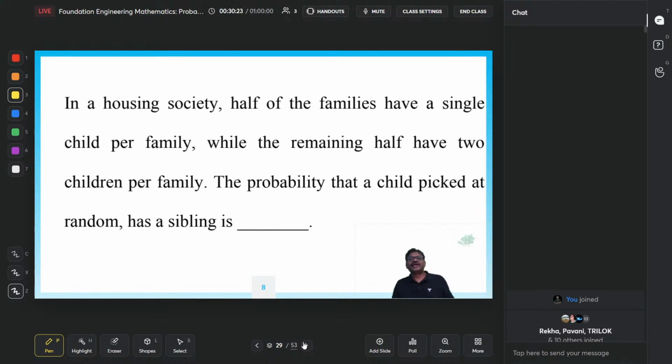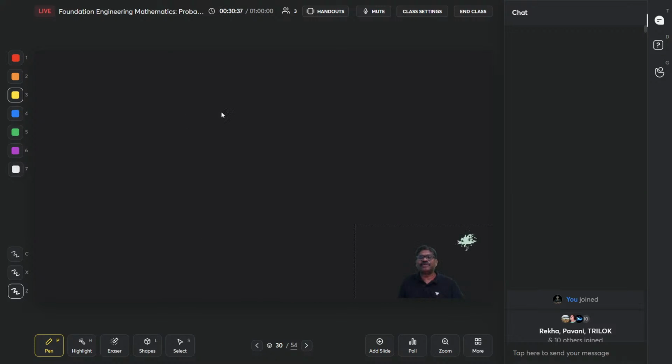Next problem. In a housing society, half of the families are single child families, remaining half are two children families. If a child is picked up at random, what is the probability that the child has a sibling? Suppose there are 100 families. 50 families are one child families, 50 families are two children families. Total, how many children are there? 150 children.